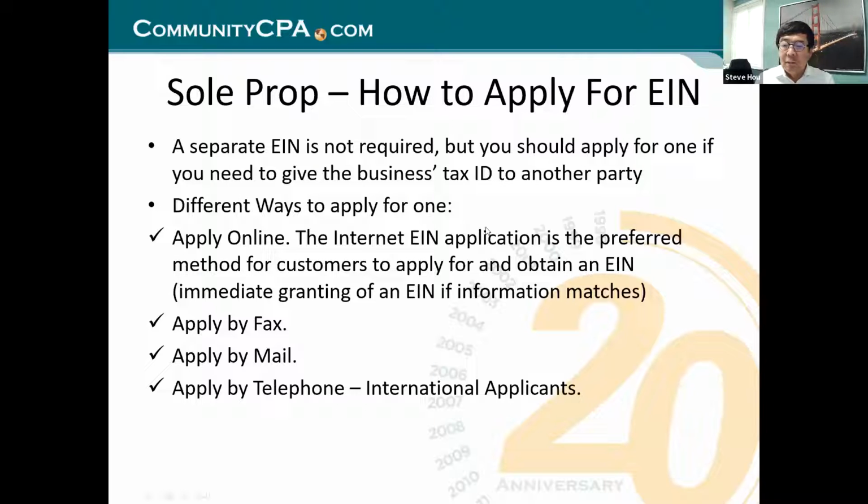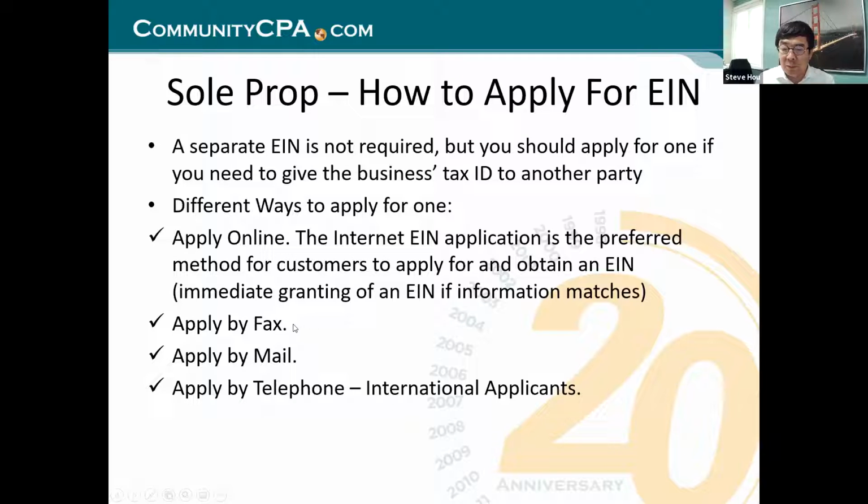Okay, and the way to apply for an EIN, you can do it online, and you can also do it by fax or paper mail. Obviously we have been in the information age for many years, so applying online is the preferred way for the majority of us.